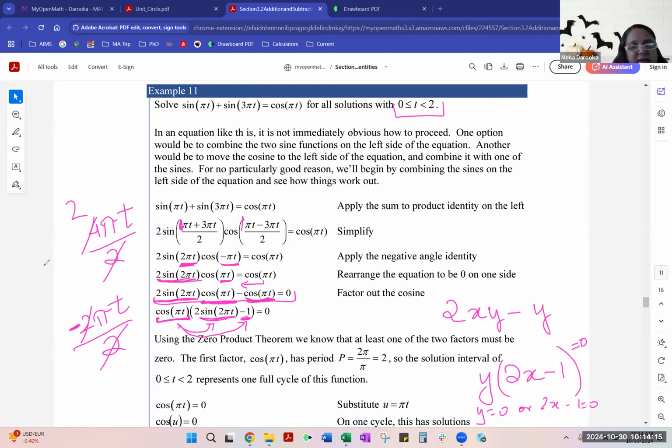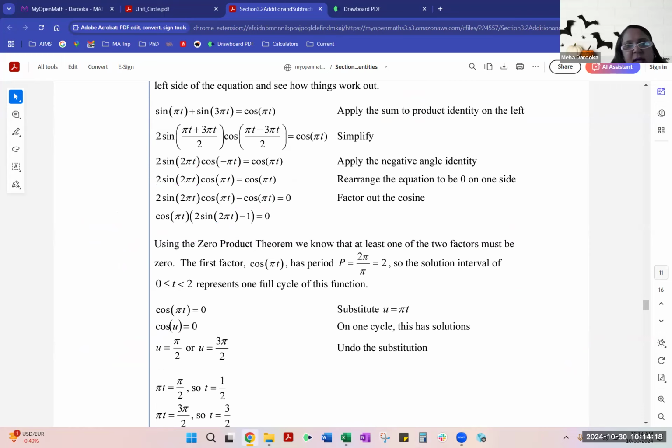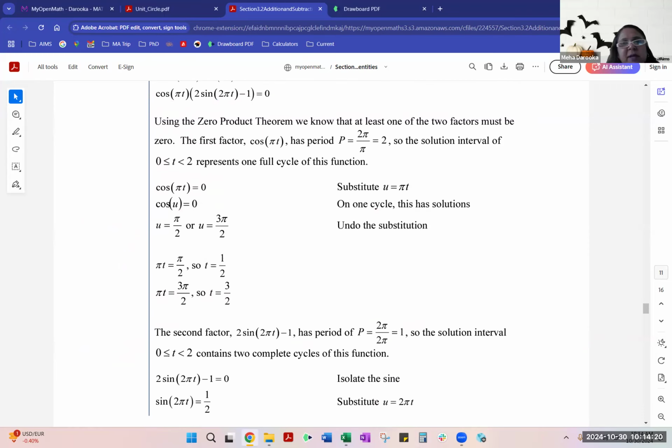I'm going to go ahead and erase my writing here, and let's scooch down a little bit. As you can see, the cosine function is given to us as pi t. Remember, when you are figuring out the period of the new function, you take the original period for the cosine function, which is of course 2 pi, and divide by that b coefficient, which in this case happens to be pi.